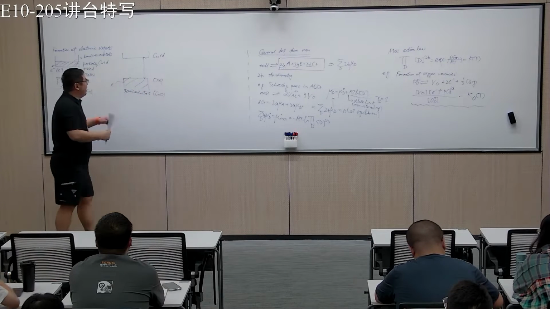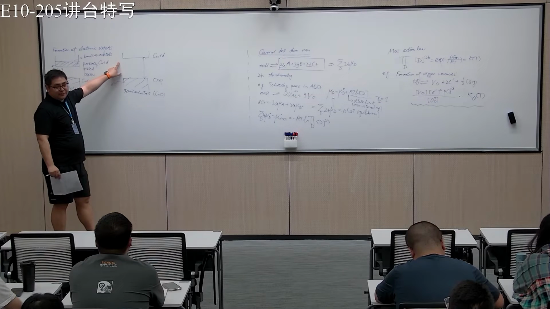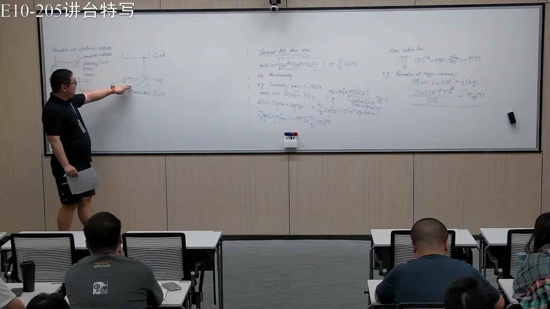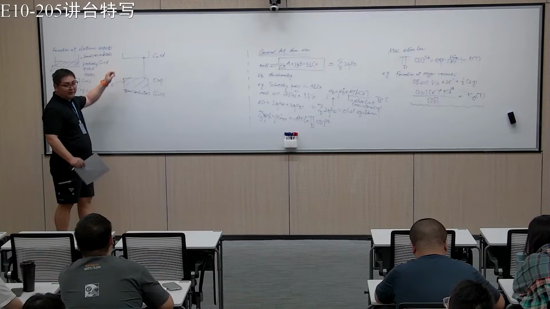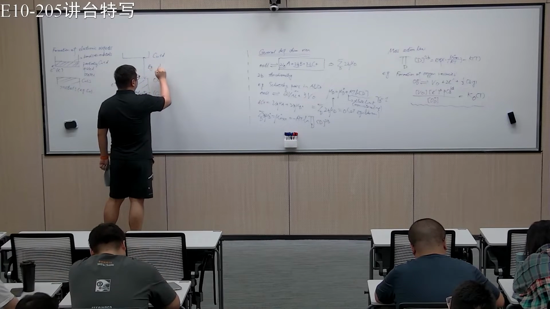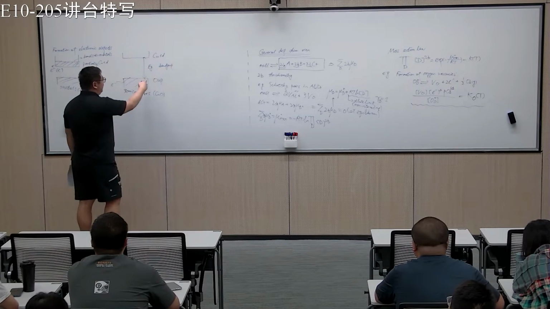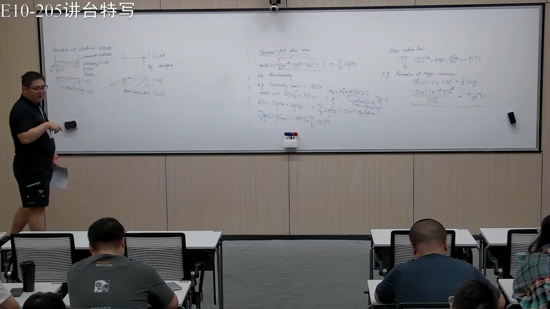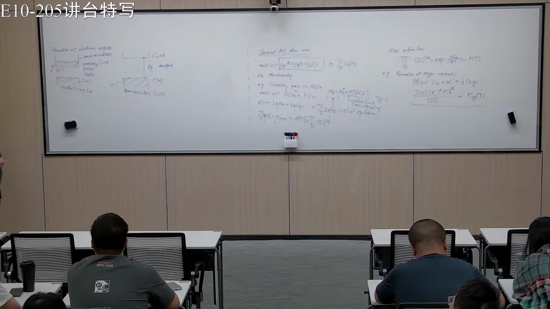And of course, there must be some energy distance between this part and this part, right? This is called a band gap. Conventionally, people use Eg. I think that's from German, but I don't know why.